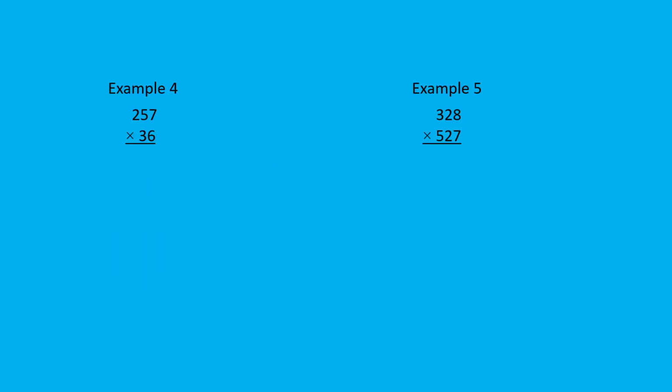Now, example 4, 36 times 257. This means we need a lattice with 3 columns, 2 rows. Place the 257 across the top, the 36 down the right side. Multiply by the 3, we have 21, we have 15, and we have 6.